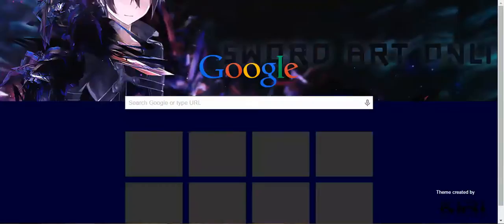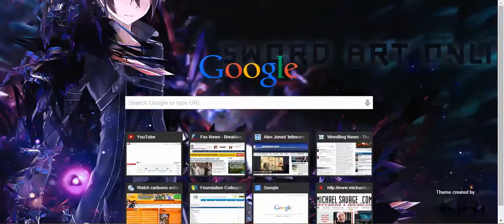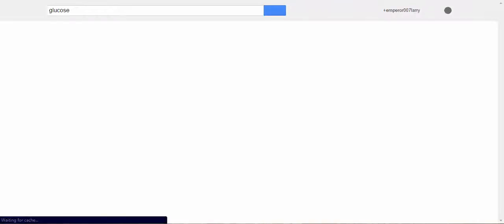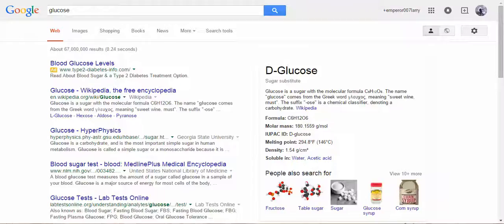Usually things that have "ose" at the end are usually hidden sugars, like sucrose, maltose, dextrose, fructose.